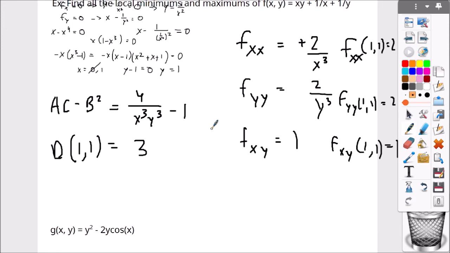That means that the f sub xx and the f sub yy won against the f sub xy, and we have a victory. We have an extrema. So since f sub xx is positive as well, this is a local minimum. So 1, 1, local minimum.